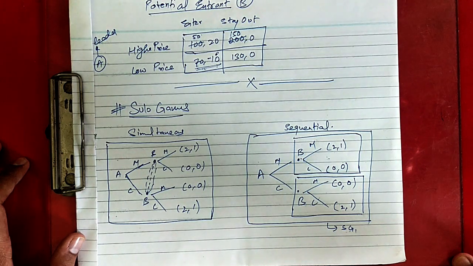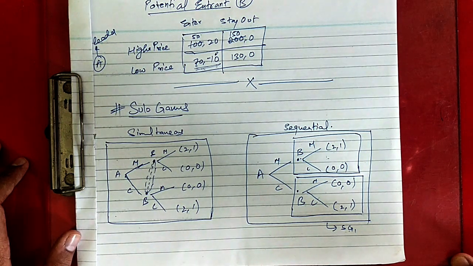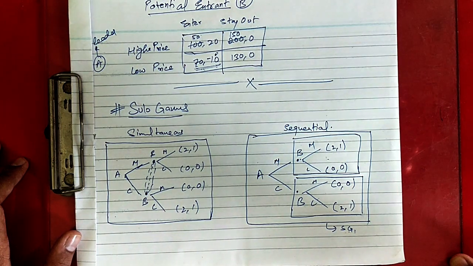Conceptually, it means that the player who moves first in a proper subgame knows the actions played by the others that have led up to that point.